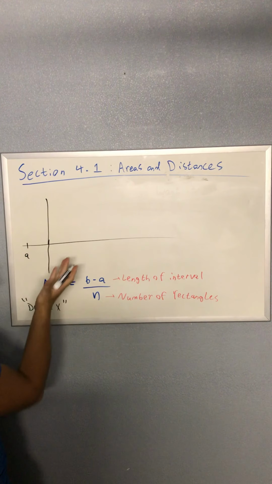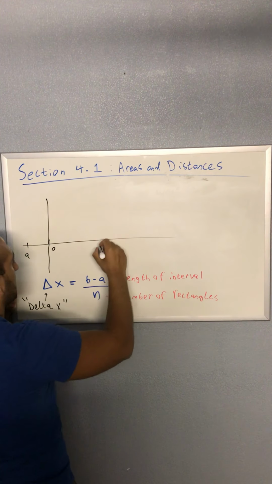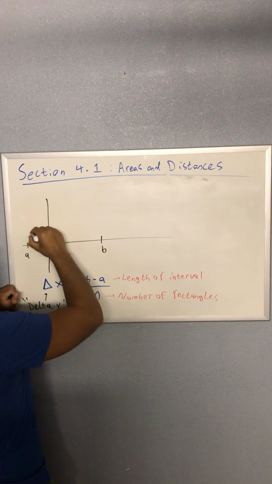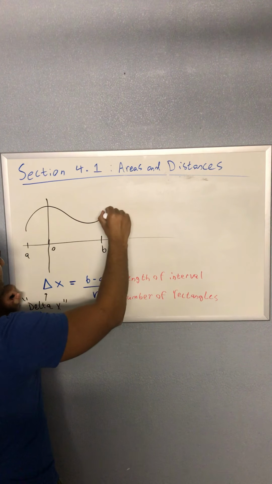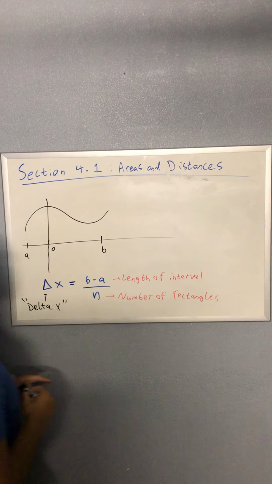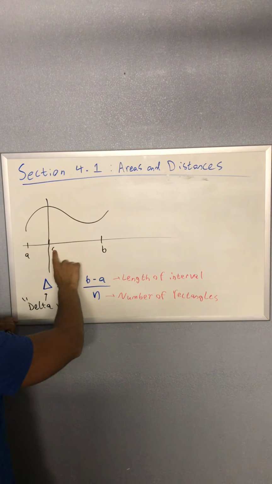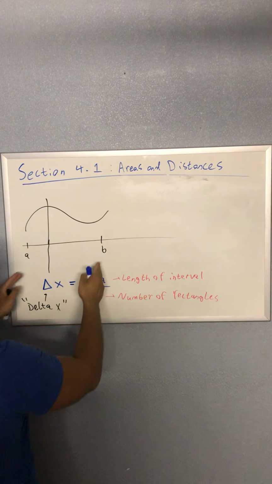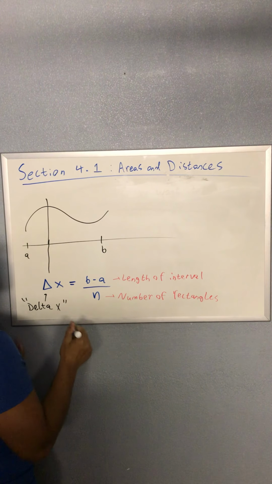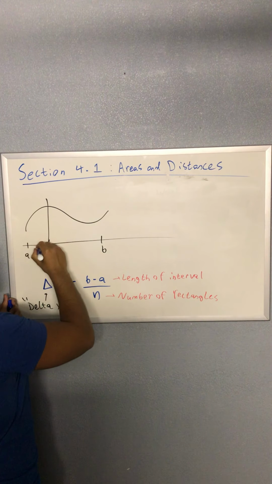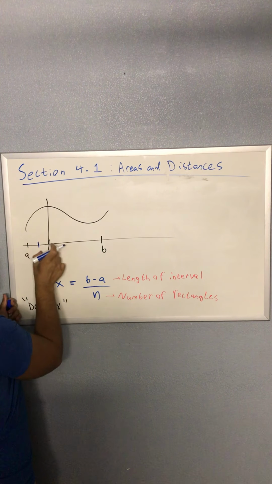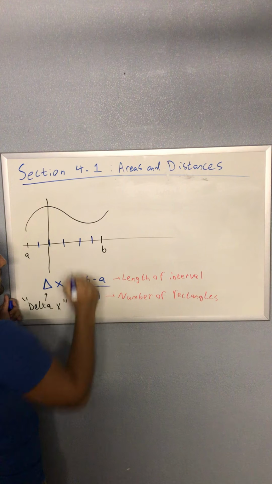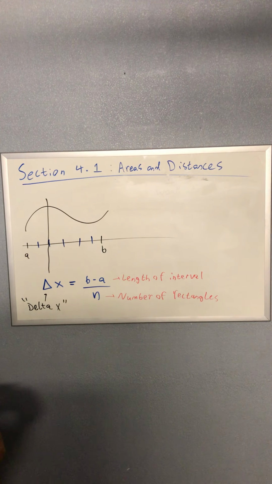It doesn't have to be negative, but in this case it is. And then here's b. We're just looking at a piece of our function from a to b, so maybe our function looks like this. And let's say we subdivided this interval a to b into equally spaced pieces. Here's one piece, there's another piece, another one, and there we go.